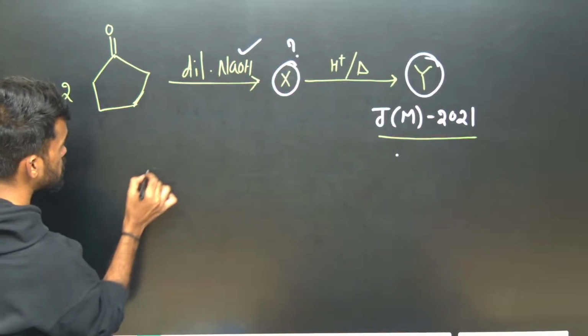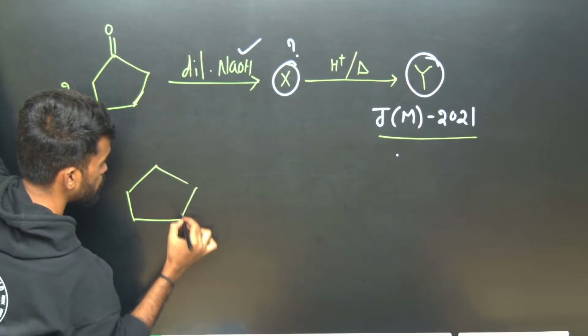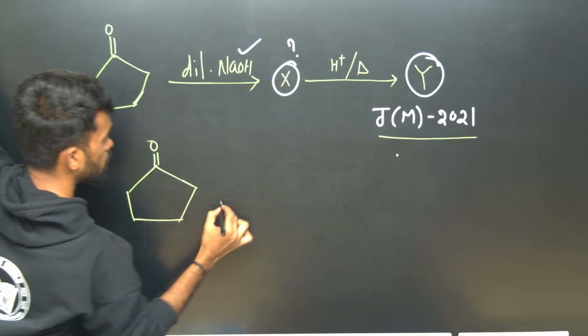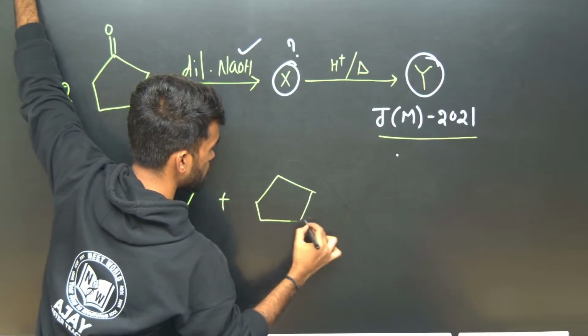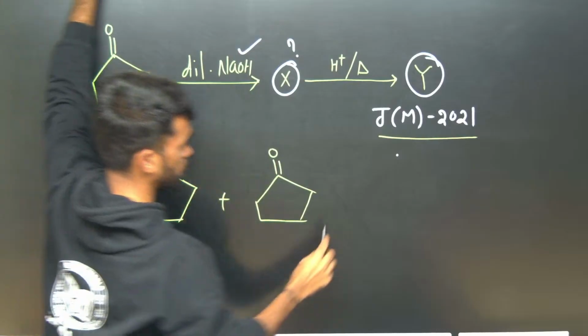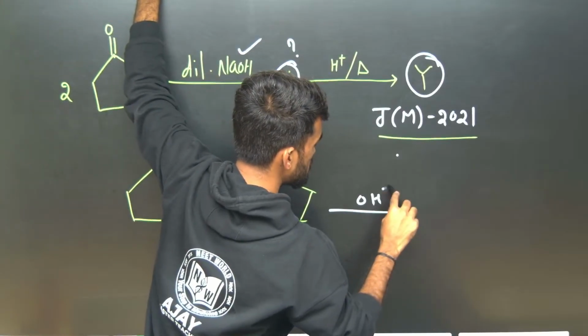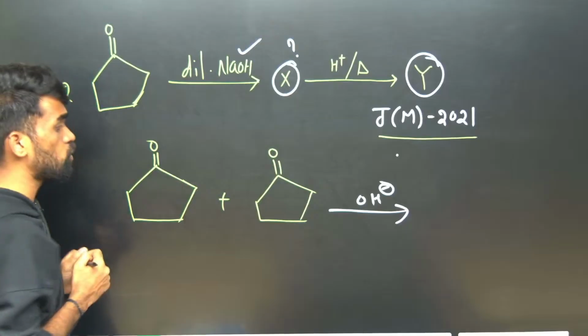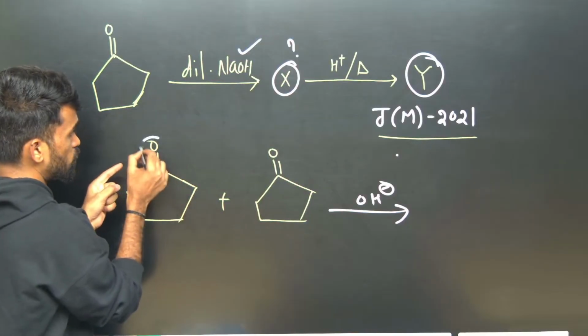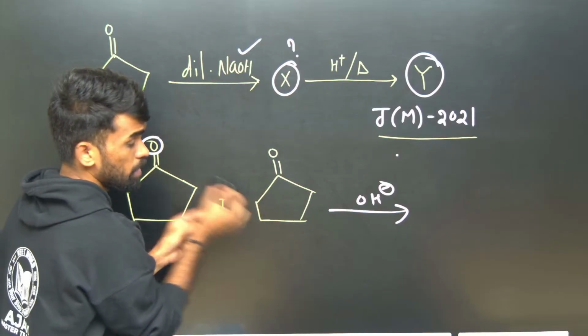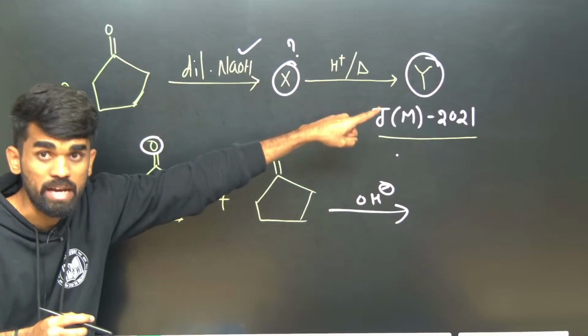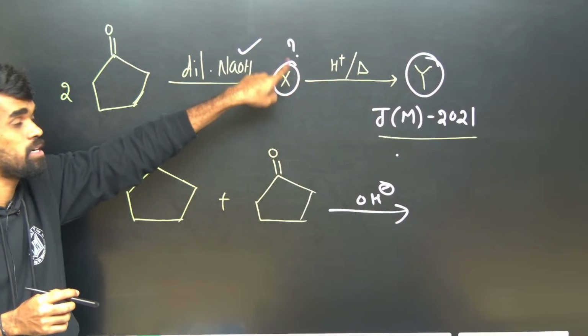Take 2 moles of this substrate, 1 mole, and the next mole also. 2 moles I have taken. Treat this with dilute base. I told you oxygen from here and hydrogen from here should be removed to get the final product, but we want X also.